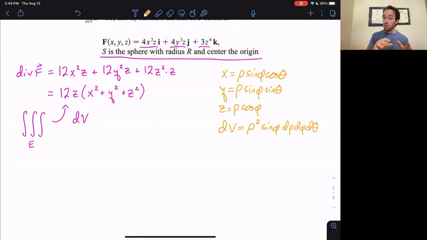So we have to convert the integrand into something in terms of rho, phi, and theta. And also remember, just like with the polar integral, you have to have the r dr d theta. We need to put that rho squared sine phi in.